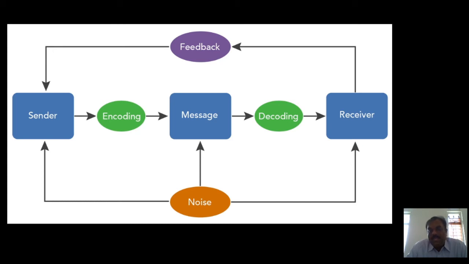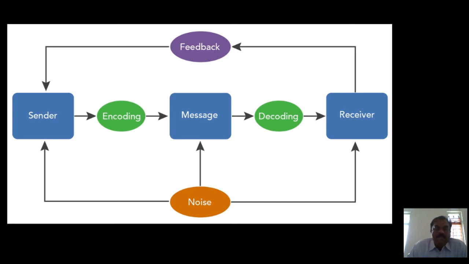Again he encodes the message and sends it in the form of feedback. That feedback we receive, we decode it, and we again understand the message. So this is a process or a cycle of messages which we continuously perform to understand or to go on with a conversation.